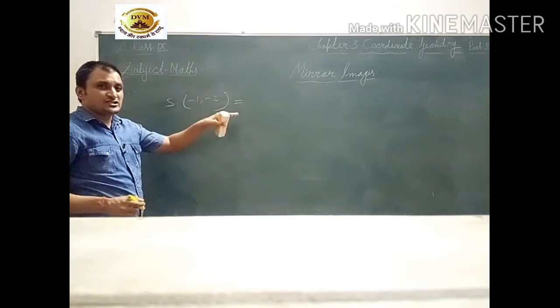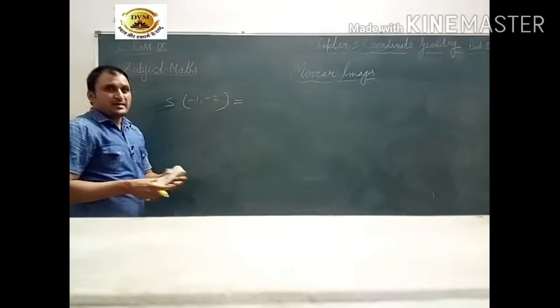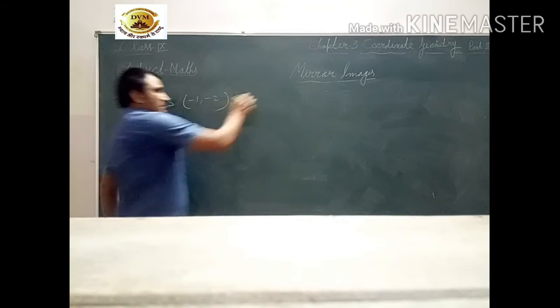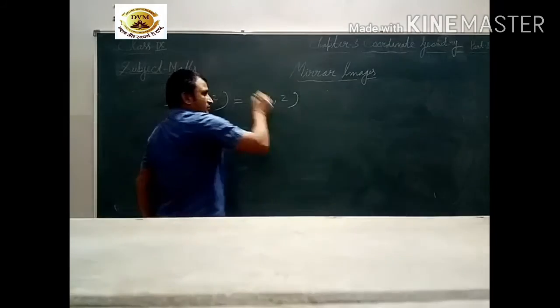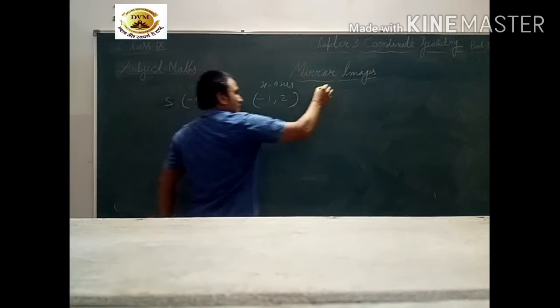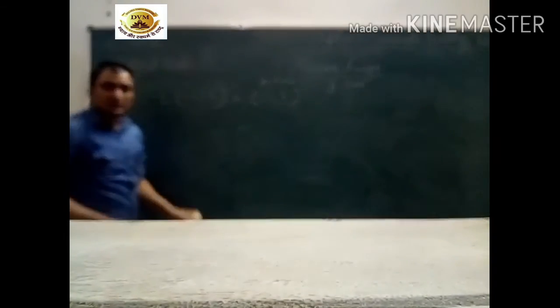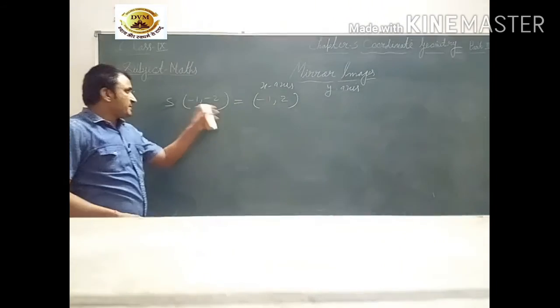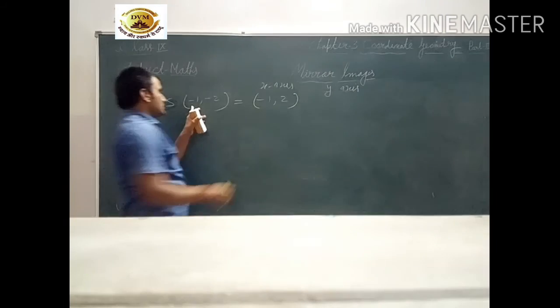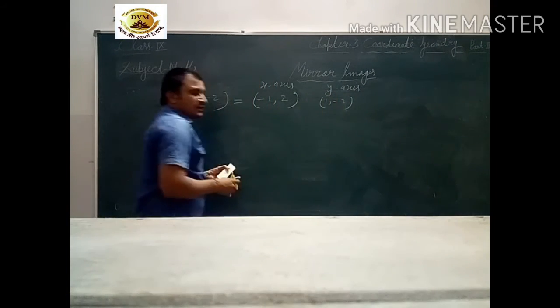In x axis we have to change the sign of the y coordinate. So its mirror image in x axis is minus 1, 2. For the y axis mirror image, we change the sign of the x coordinate: 1, minus 2. So all have understood.